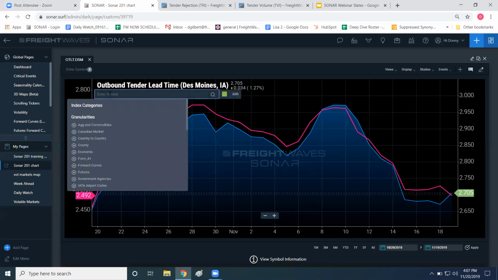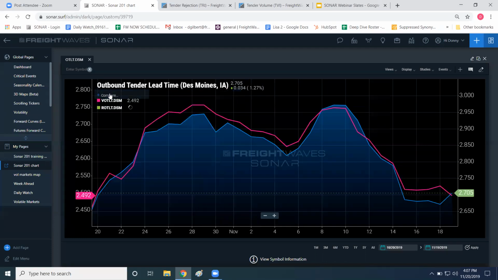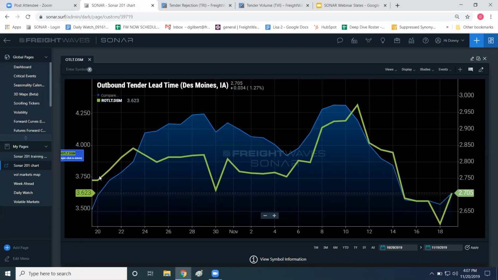Let's compare this and look at reefer, ROTLT.DSM. I'm going to take away the dry van so I can see it. Here is one that is at 3.62 days currently. So this is a lot higher than the U.S. average of 2.5 days. You see again that it peaked in the second week of November.